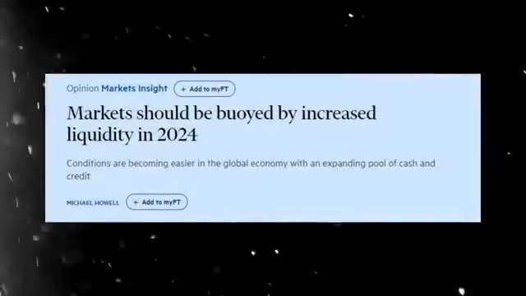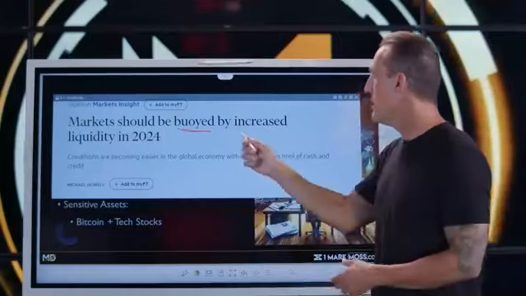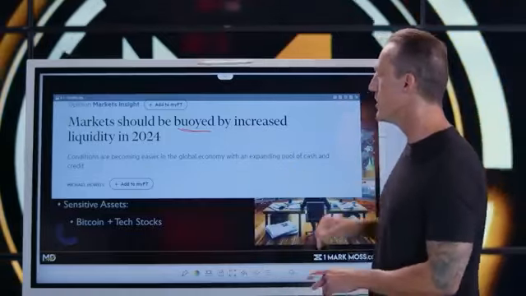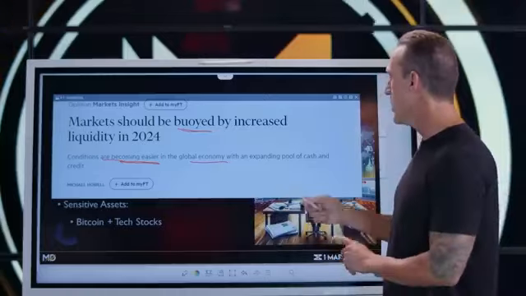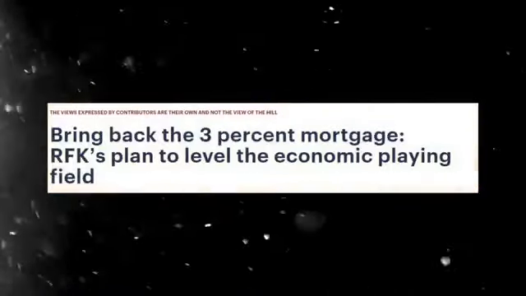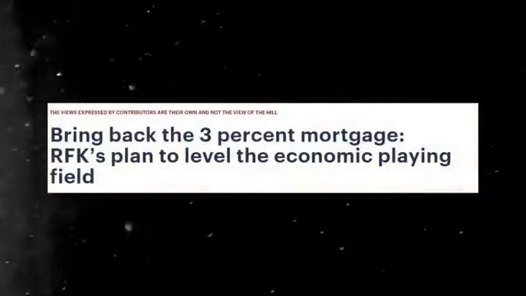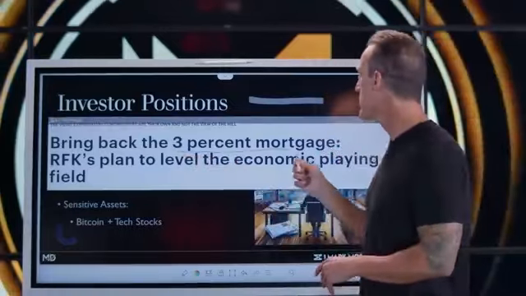We can see right here a headline on Financial Times: markets should be buoyed, should be pushed up by increased liquidity this year in 2024 because conditions are becoming easier in the global economy with an expanding pool of cash, more spending, more asset prices going higher. So real estate will be doing that, but we also know this is only the first step. Like RFK, who's running for president right now, he's talking about bringing back a 3% mortgage.